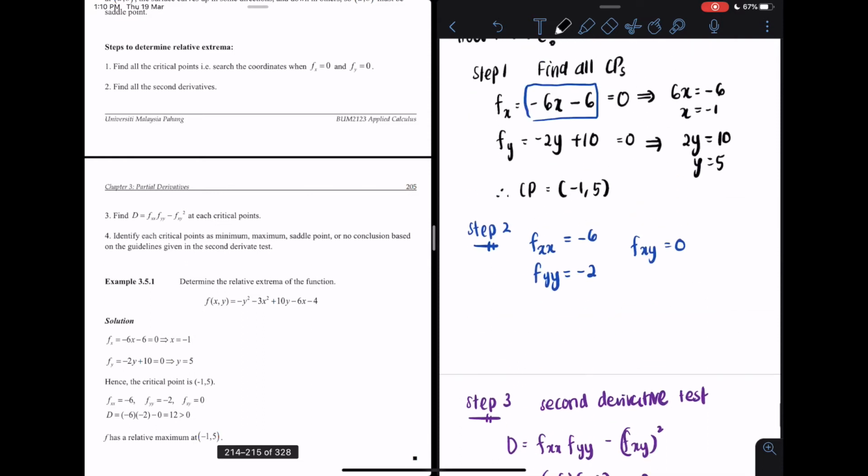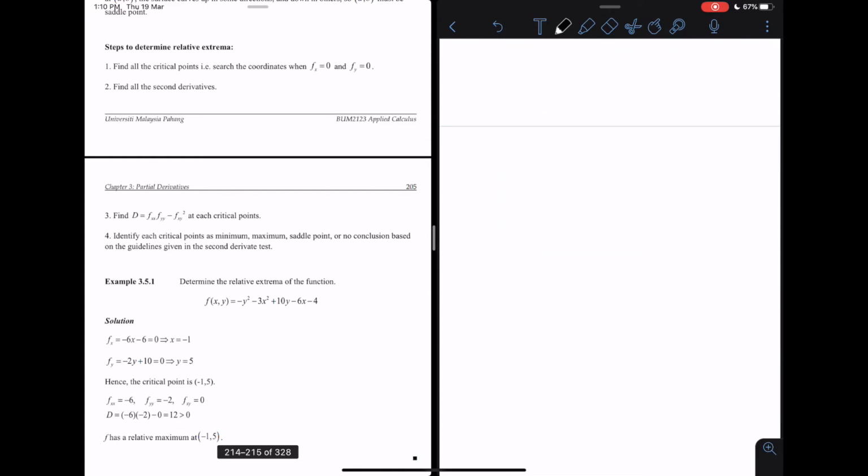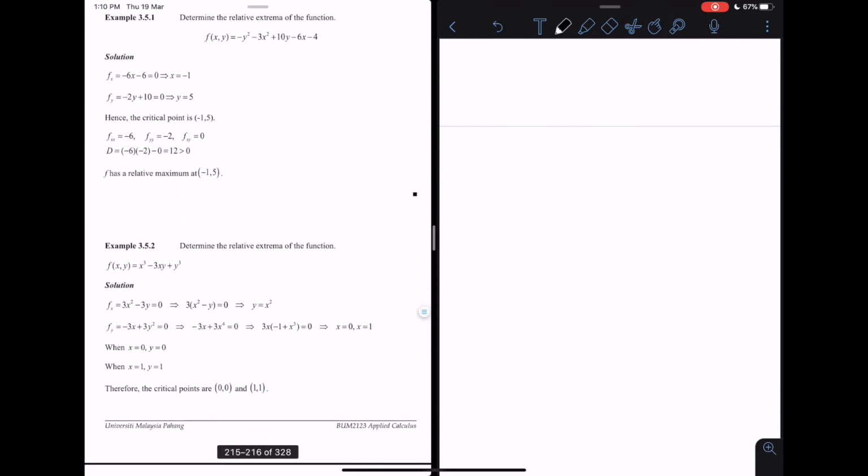Okay, quite straightforward, quite simple. And let's take a look at the next example.